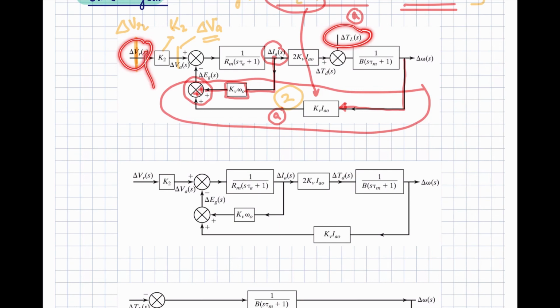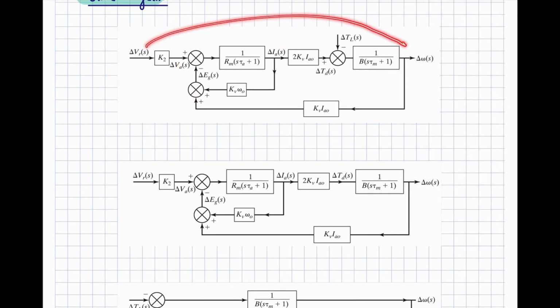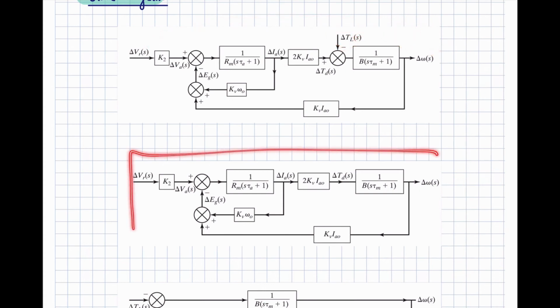So first of all we are going to relate how the reference voltage is going to impact the speed. So for that we will be considering this part as 0. We are going to apply the superposition. First of all, considering it 0, we will look at the impact of the voltage at this speed, and for that you will be having this block diagram.